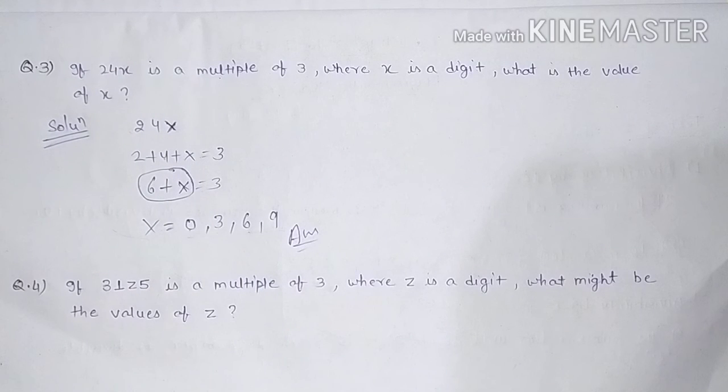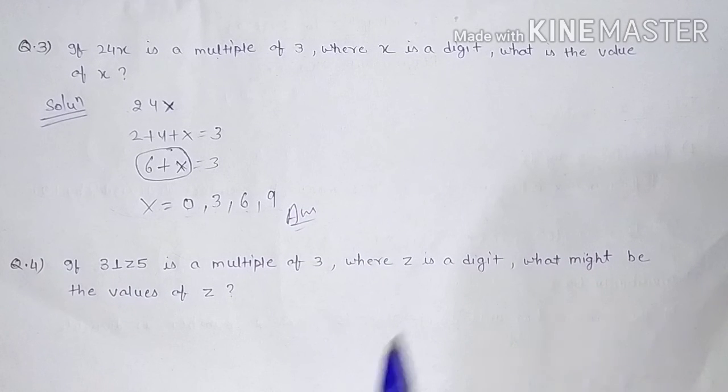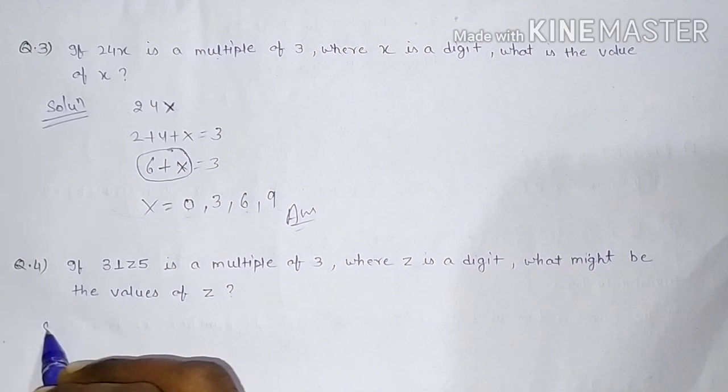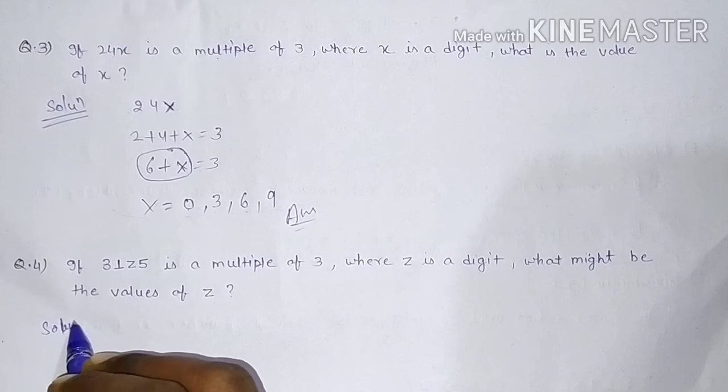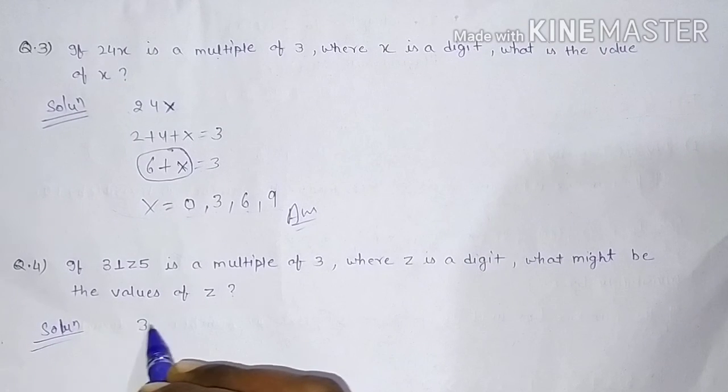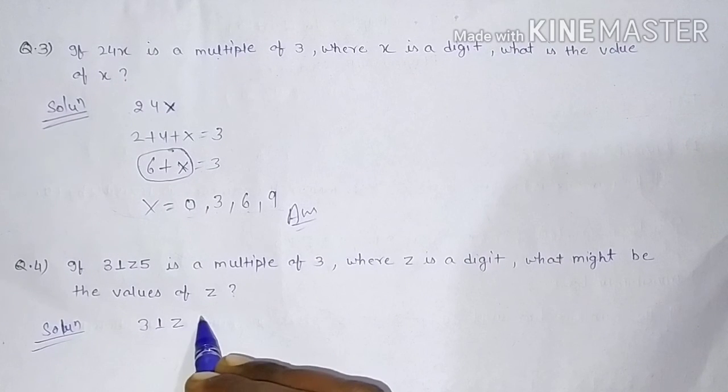Okay. Similarly, the last question, that is question number 4: 31Z5.